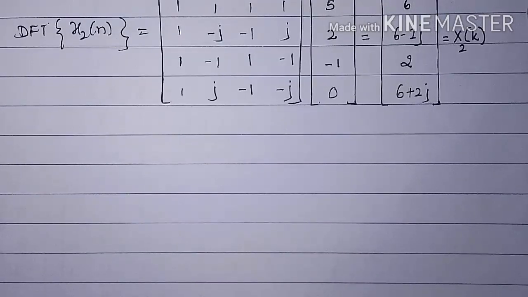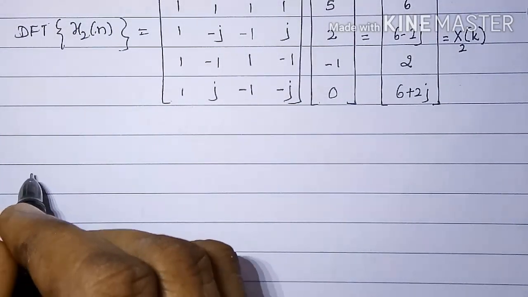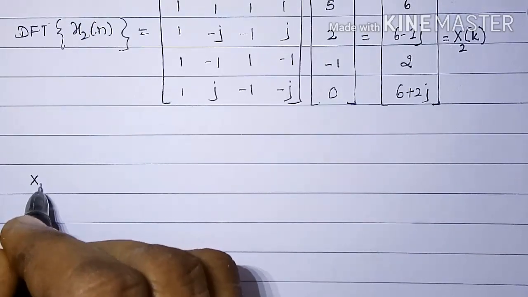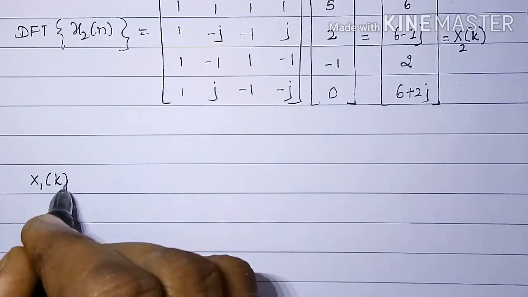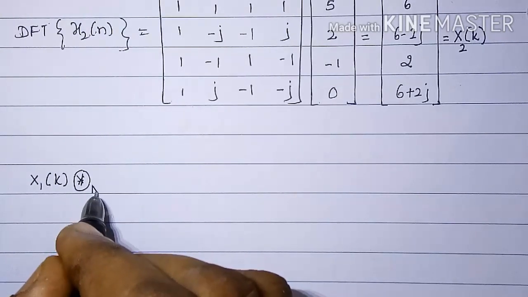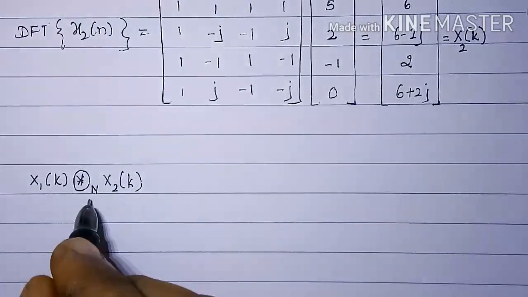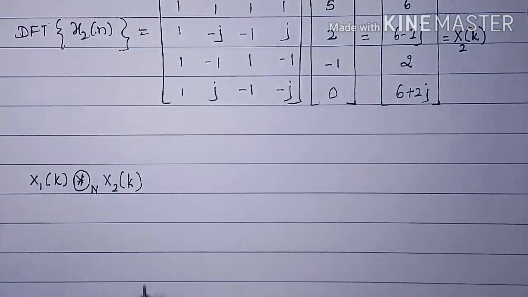Now we have to compute x1 of k circularly convolved with x2 of k where n is 4.